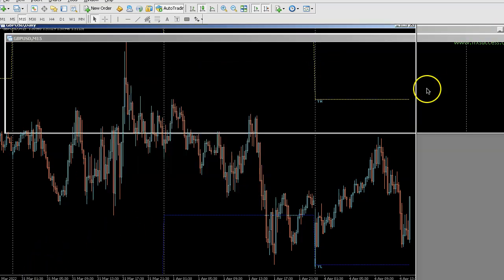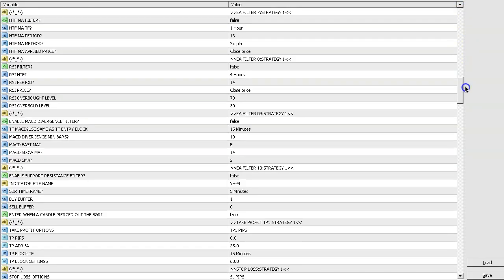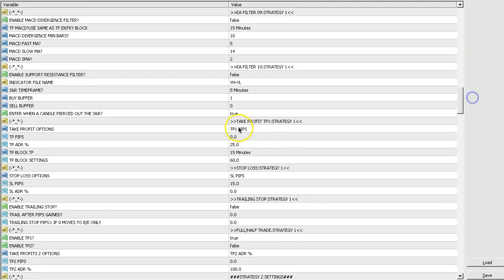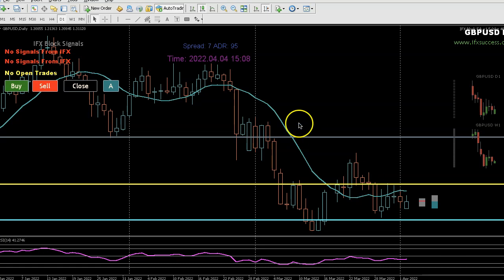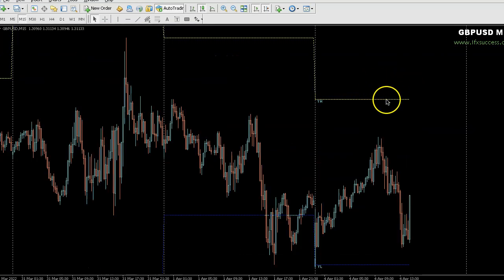So when I go here to my EA, to my settings, and I look for my settings for the EA on this right here, the buy buffer is 1 and the sell buffer is 0, right? Or maybe it should be the other way around. What do I want it to do?